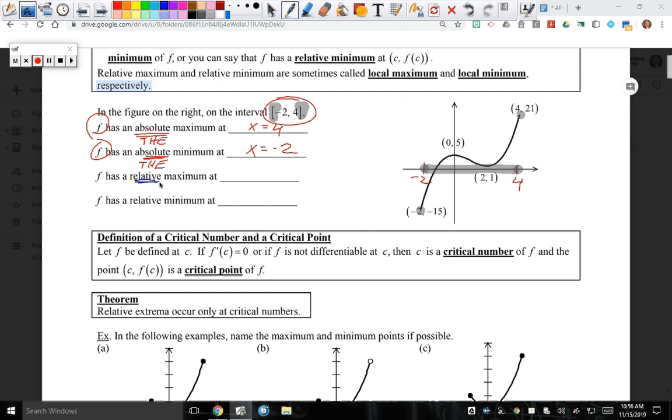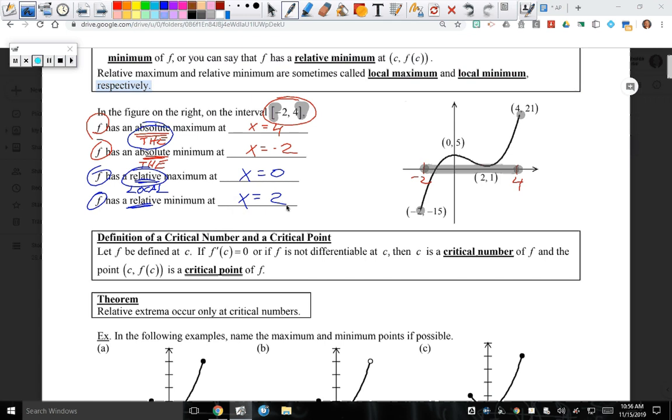But that's local. This is like a relative. But are we the absolute max that exists over all calculus classes across the world? That's a different question. So you tell me, f has a relative max where? At x equals 0. F has a relative min at x equals 2.